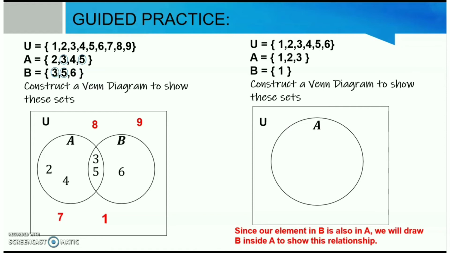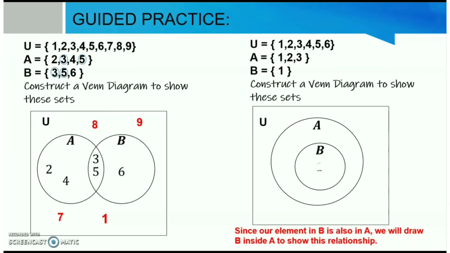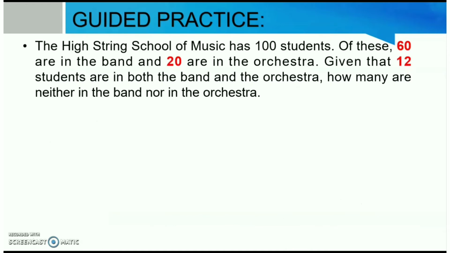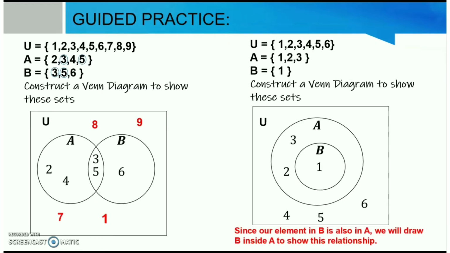So, since lahat ng element ng B ay nasa A, i-draw natin yung ating set B. Okay, so ilalagay natin yung common element nila na 1. And then yung elements aside from 1 sa A is 2 and 3. And then yung elements na nasa universal set but neither in A nor in B is ilalagay natin dito sa labas ng region, which are 4, 5, and 6.